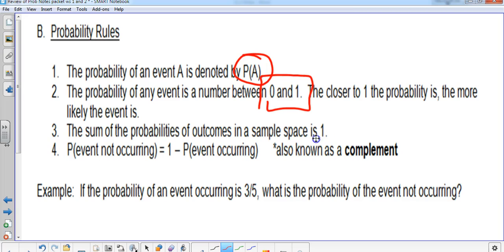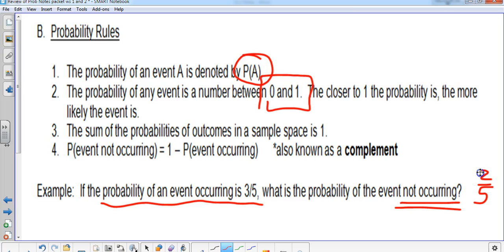In other words, if you add up the probability of each individual event occurring, it should total 100%, right? The probability of an event not occurring is 1 minus the probability of the event occurring, which is known as the complement. For example, if the probability of an event occurring is 3/5, what's the probability that it doesn't occur?